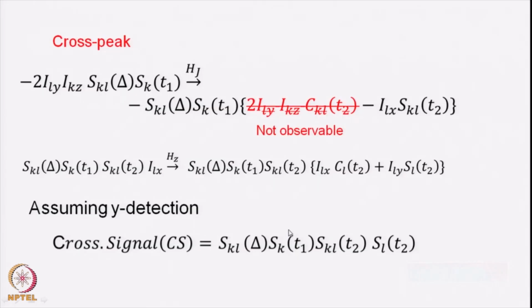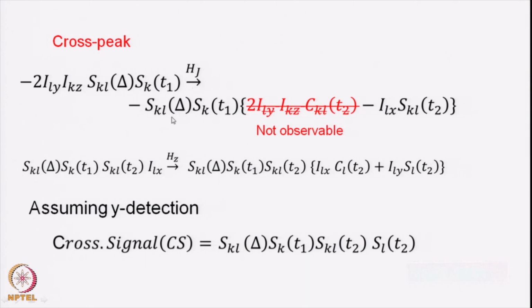Okay. Now, what happens to the cross peak? We have written the same function here, as it evolves in the T2. This is the initial term at the end of the T1 period, after applying the 90-degree pulse, and this is at the beginning of the detection period, and we do the J coupling evolution here first along the T2.